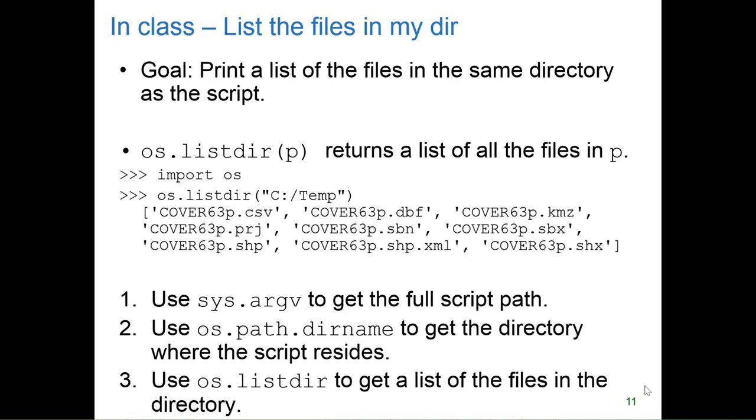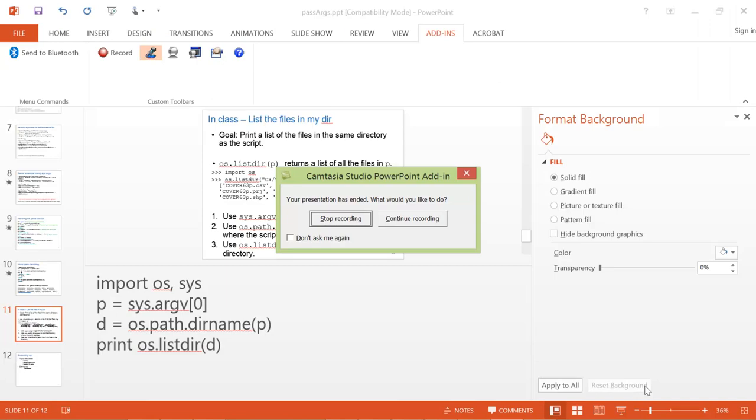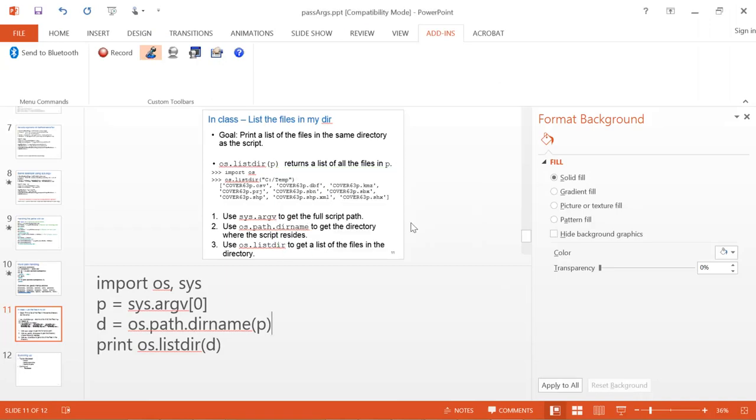Okay, now we'll discuss the solution. First, you need to import both os and sys because you're going to use both of these modules in this code. To get the full path for the script, we use sys.argv[0].